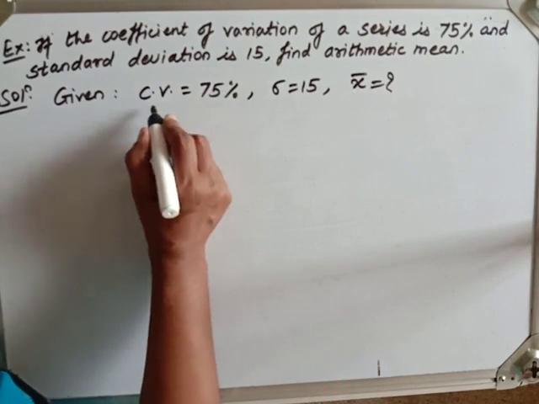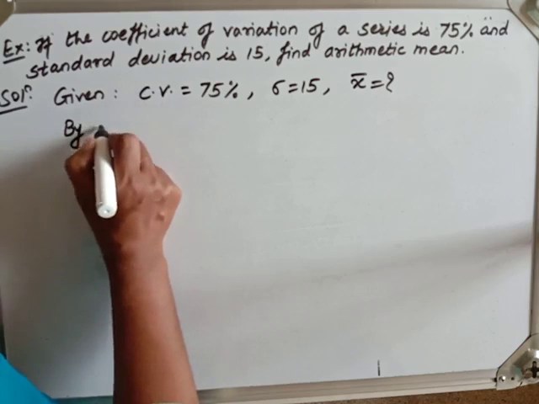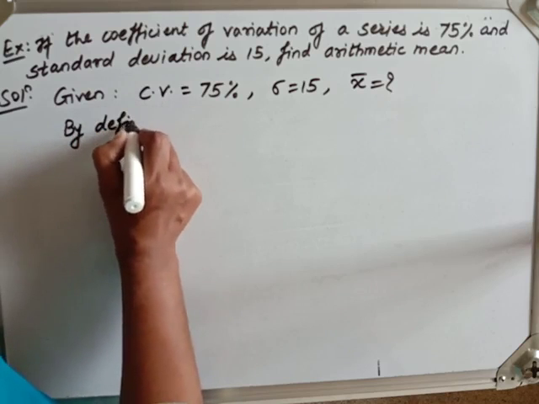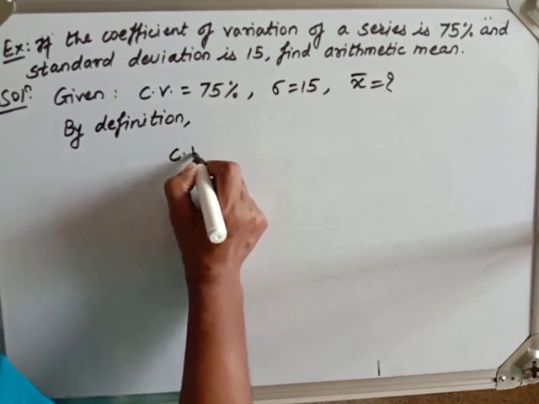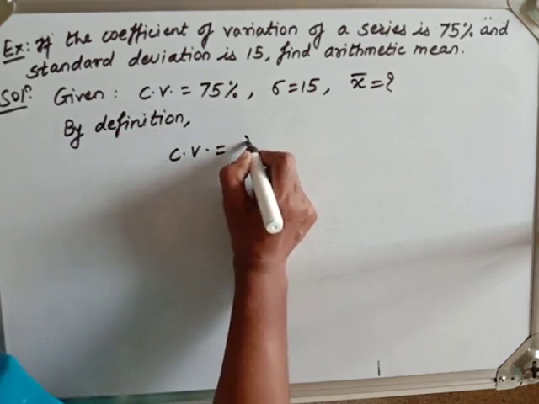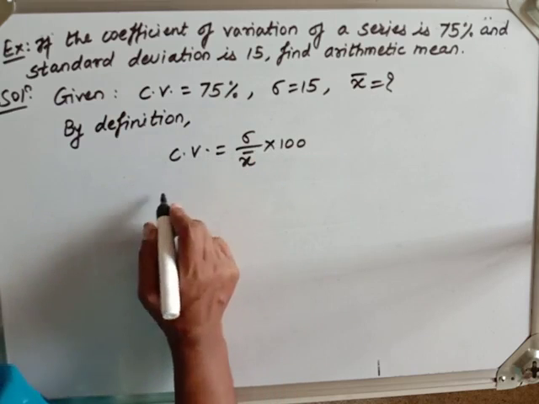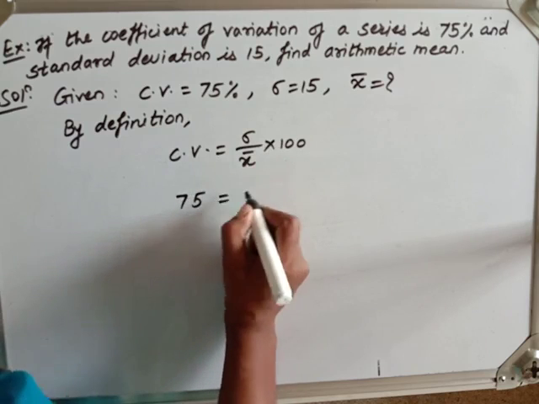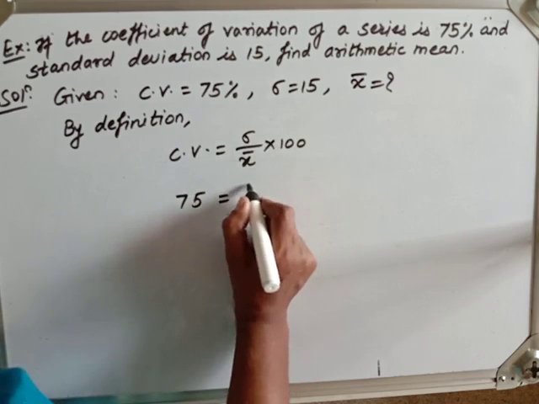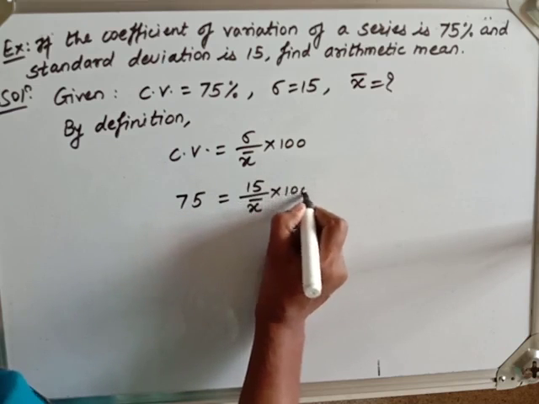Now by definition of coefficient of variation, we have a result: CV is equal to sigma upon x bar multiplied by 100. Therefore 75 equals 15 upon x bar multiplied by 100.